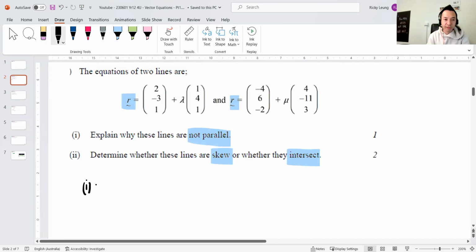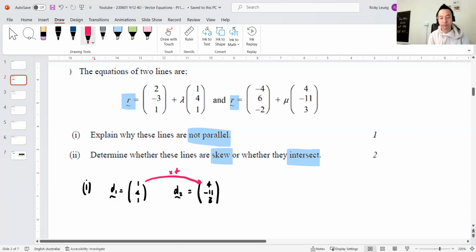All right, guys. So for part 1, we know that the direction vector, I'll call it D1, is 1 for the first one, and the direction vector of the second equation is 4, -11, and 3. Guys, when I multiply everything by 4 to get the top number aligned, the rest don't multiply.